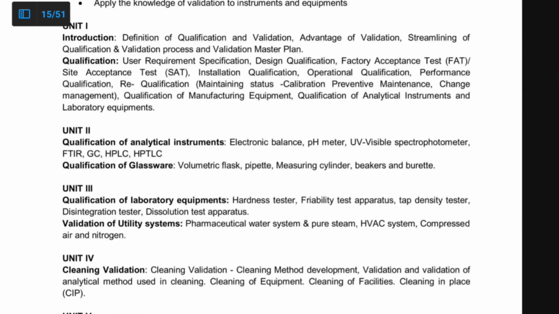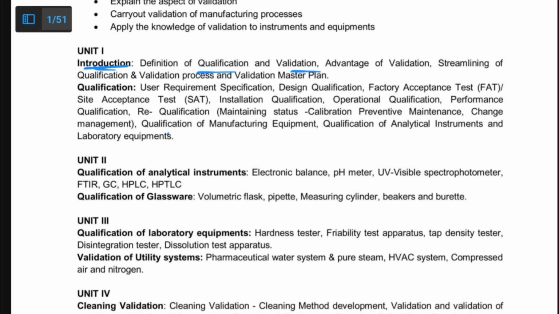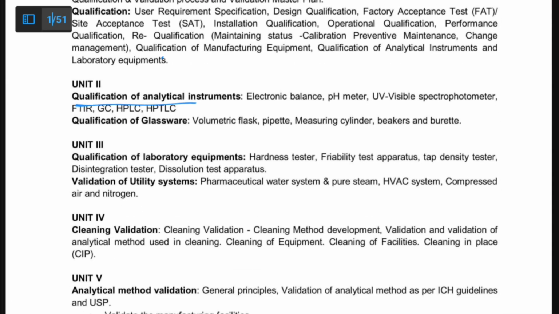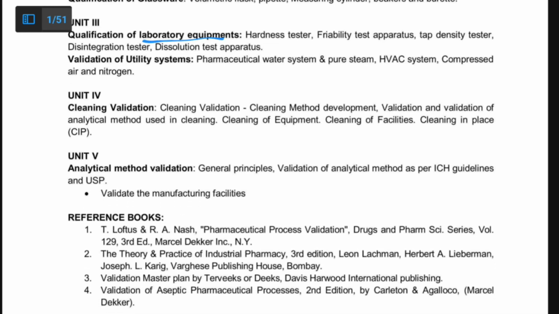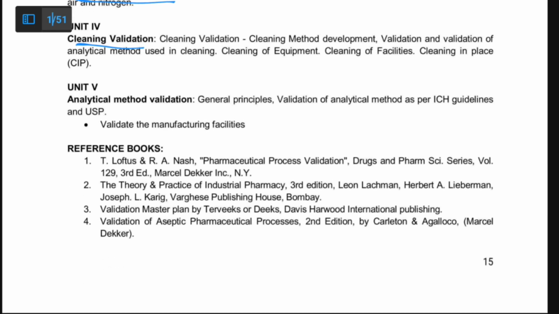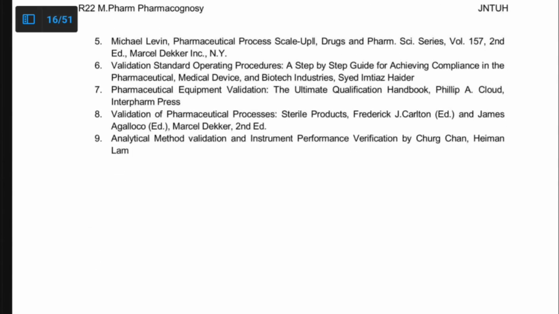Pharmaceutical validation: introduction to qualification and validation, qualification of analytical instruments, qualification of laboratory equipment, validation of utility systems, cleaning validation methods, analytical method validation.